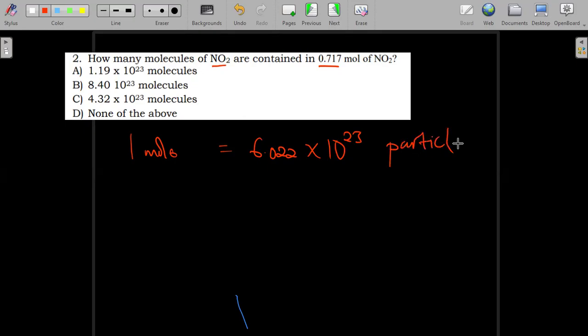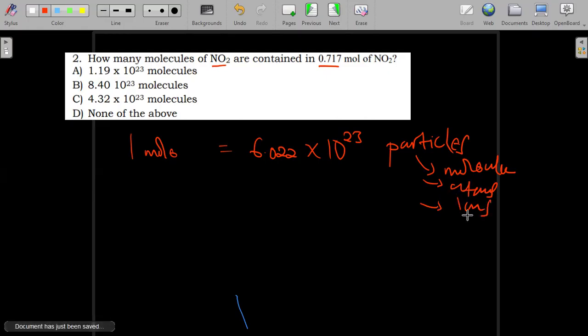This is what we are going to be using if you have such a question. These particles can be molecules, atoms, ions, or even electrons. In this case, they're asking how many molecules are contained in these moles of NO2.